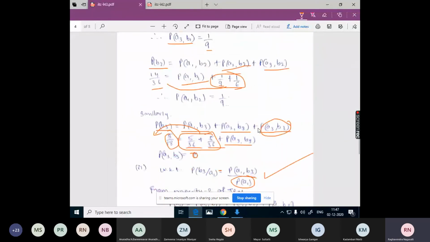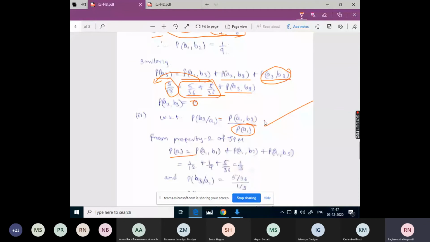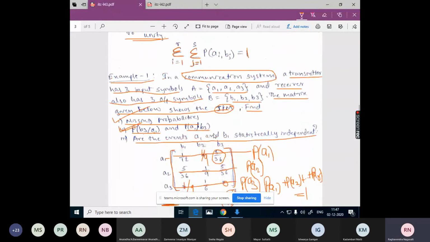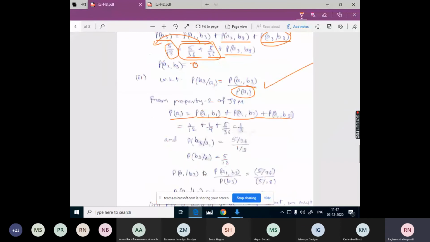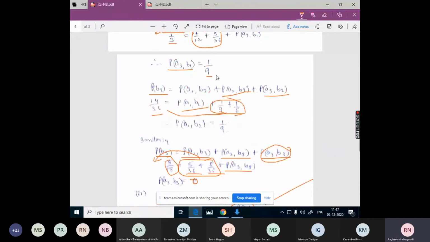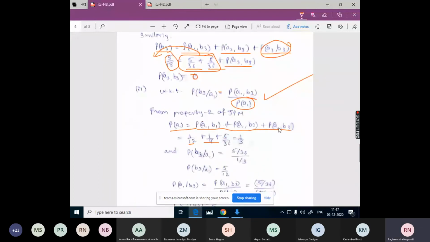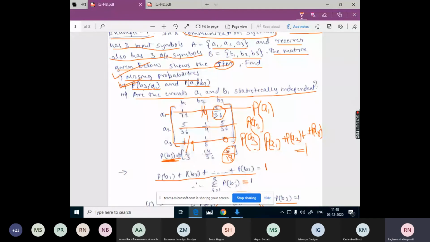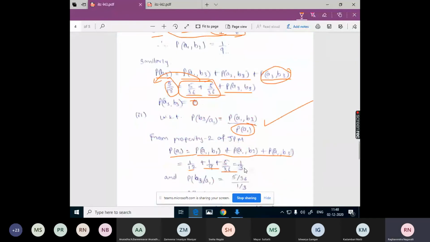Here P of A1 is required, so we add the first row: P of A1 comma B1 plus P of A1 comma B2 plus P of A1 comma B3. A1 comma B1 is 1 by 12, A1 comma B2 is 1 by 9, and A1 comma B3 is 5 by 36. If we add all these, we get 1 by 3. That is P of A1.